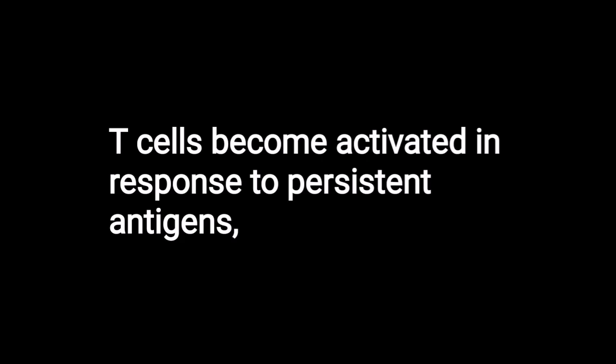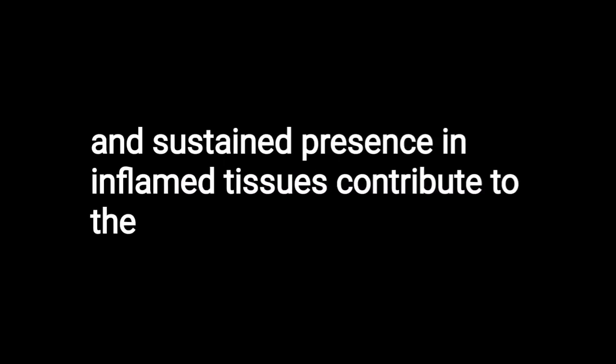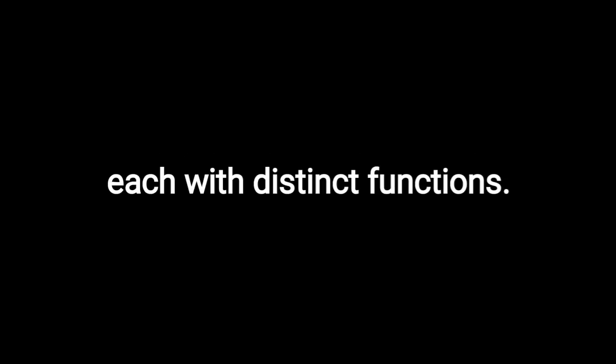In chronic inflammation, T cells become activated in response to persistent antigens, such as those from ongoing infections, autoimmune processes, or chronic irritants. Their activation and sustained presence in inflamed tissues contribute to the ongoing inflammatory response and its associated tissue damage. There are several subtypes of T cells, each with distinct functions.